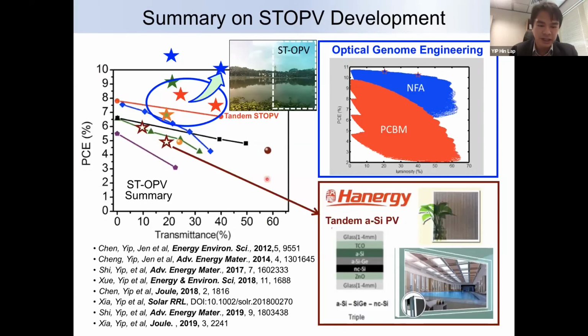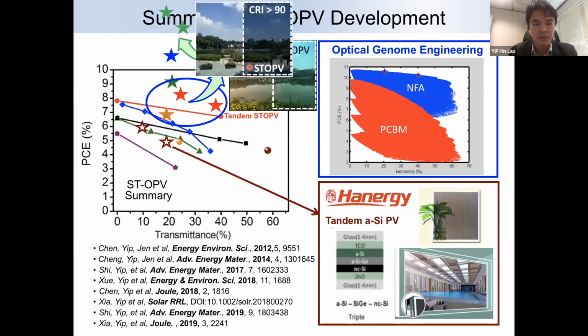If you look at the performance of the inorganic semi-transparent solar cell right now, it's about 5% efficiency and 20% visible transmittance. But organic solar cells have already surpassed this performance a lot. And further using this optically guided design, we will be able to make organic solar cells 2 times to 3 times better than the best inorganic transparent solar cell.